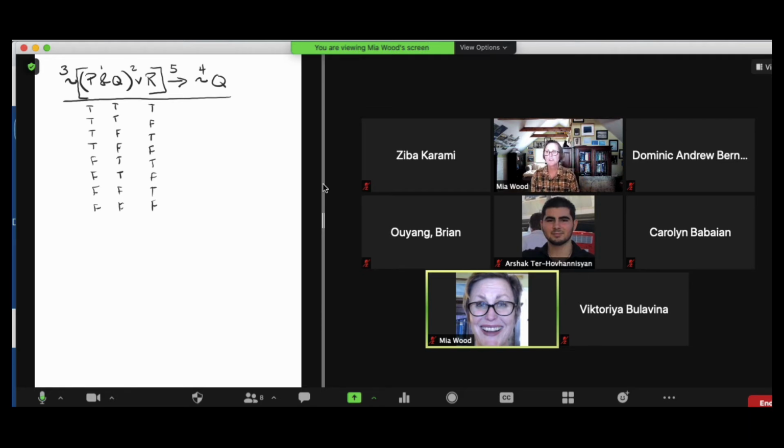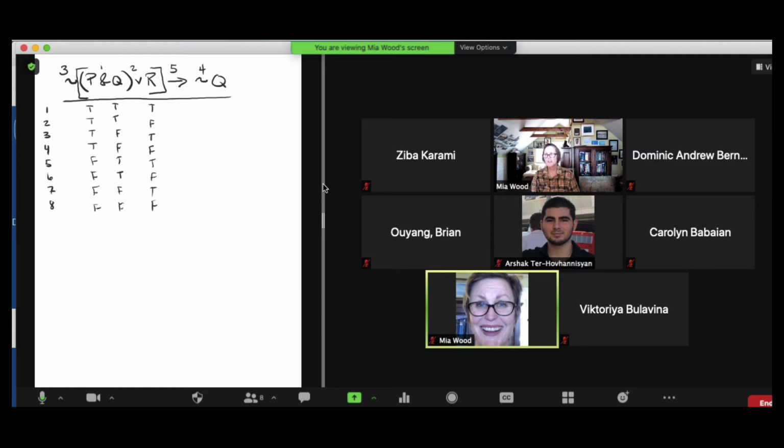So let's work the conjunctions. First question, are there any rows on which the conjunction sentence is false? So let's go ahead and number these just so that you can give me line references. Okay, so what do you think?